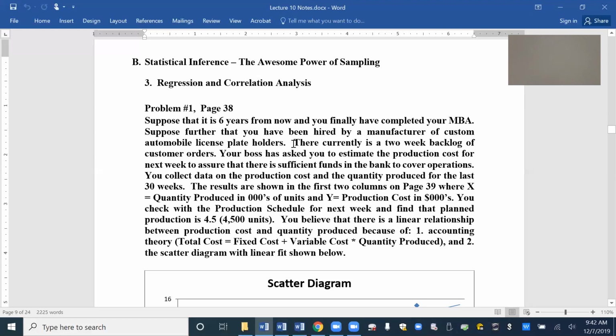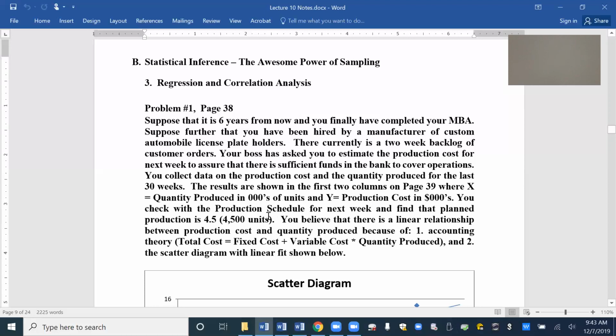And this manufacturer makes custom automobile license plates. They've got a 2-week backlog, and your boss has come in and said, how much money are we going to need to run the business next week? I want to make sure we've got enough money in the bank. I heard you got a B- in SOM 591, so you should know how to do this.